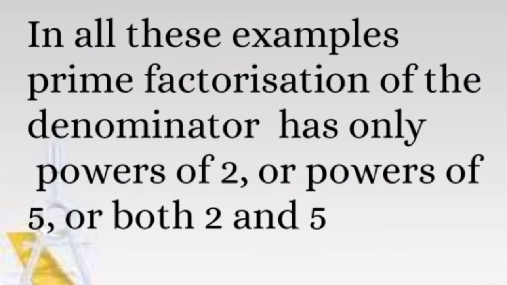In all these examples, the prime factorization of the denominator has only powers of 2 or powers of 5 or both 2 and 5. In some examples, the denominator has only powers of 2. In some examples, it is powers of 5 only. In some examples, both 2 and 5.